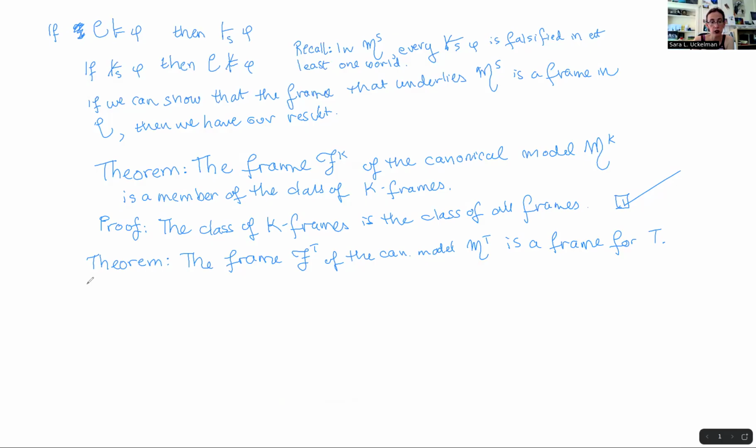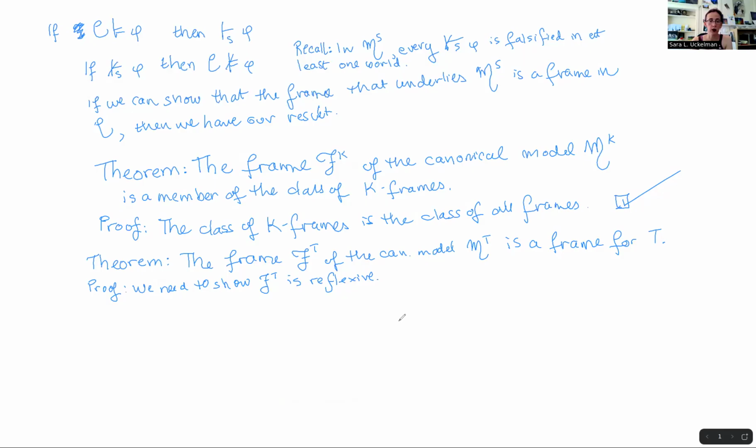So we need to show that Ft, the underlying frame of the canonical model, is reflexive. And then it will be within the relevant class of frames, and we will get the result that we want. This is because T is characterized by the class of reflexive frames.